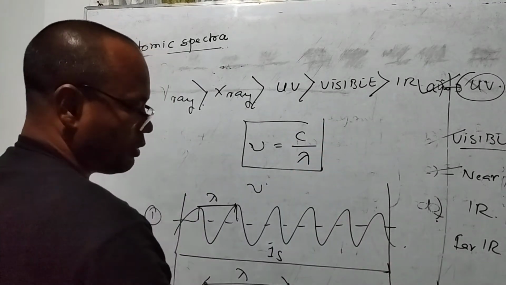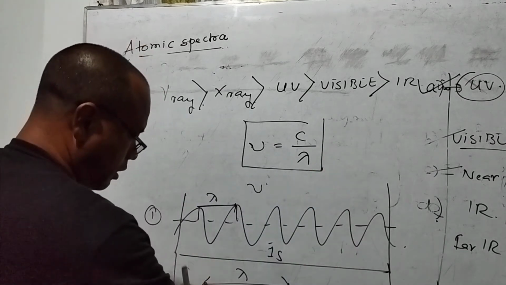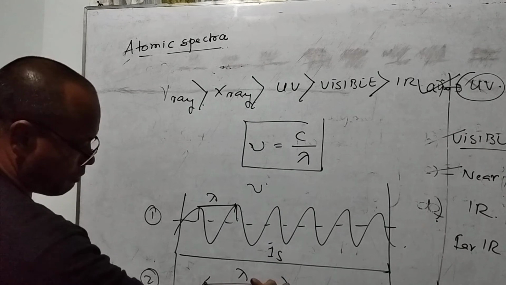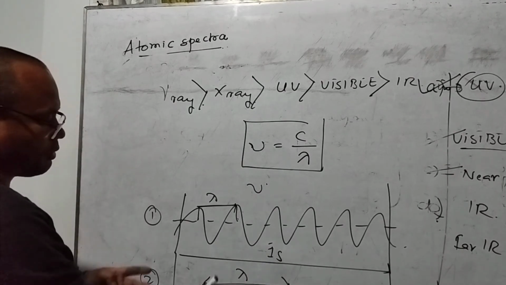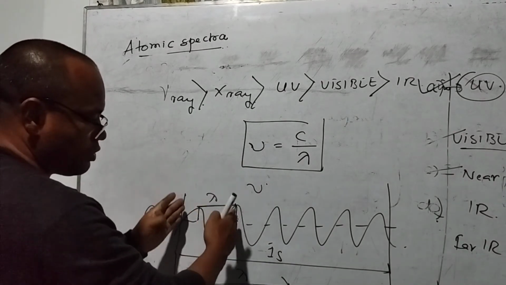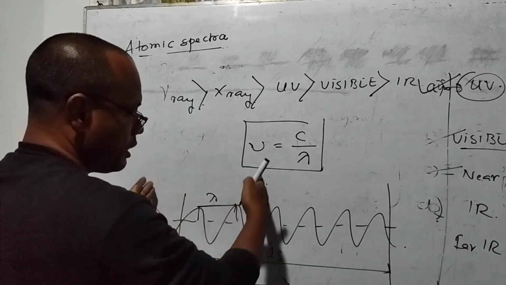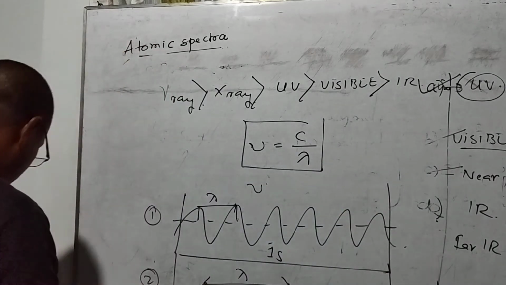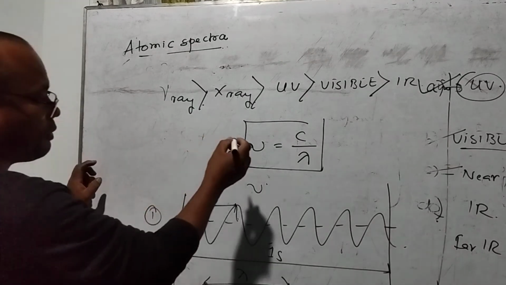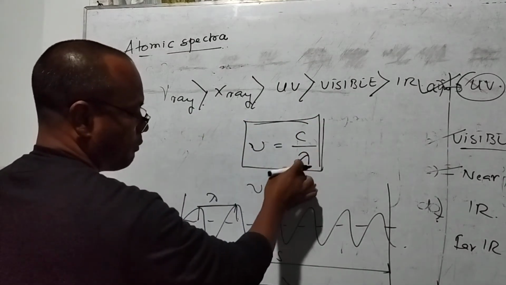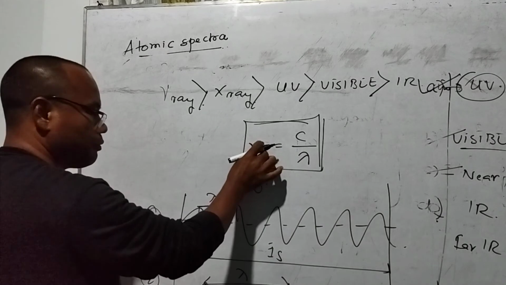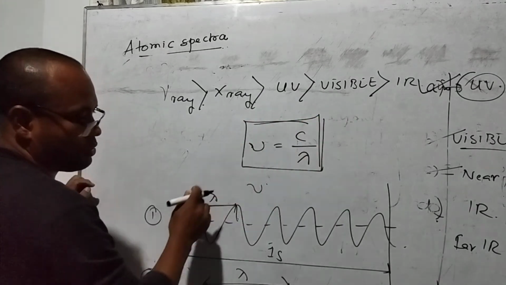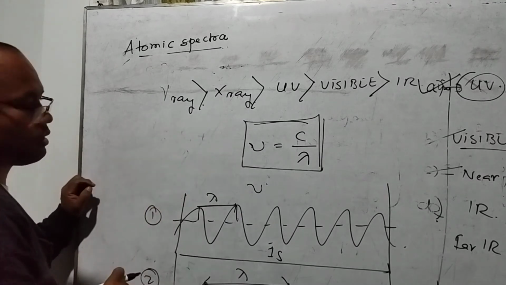In the same time period, the number of waves traveling here is very few, because the wavelength distance is longer. Here the wavelength is short, so the number of waves in 1 second is very high. So from the relation we confirm that frequency is the reciprocal of wavelength, where c, the velocity of light, is constant, right?